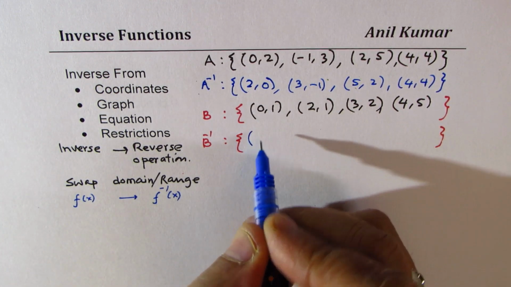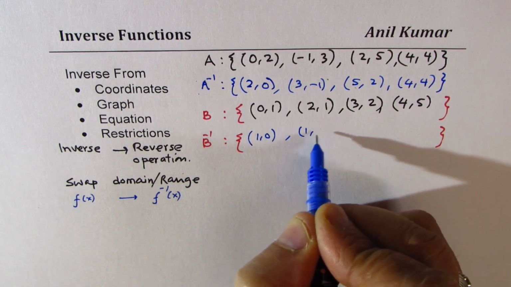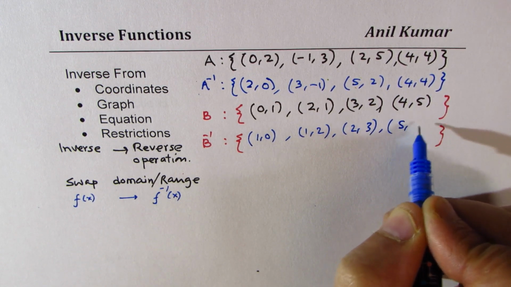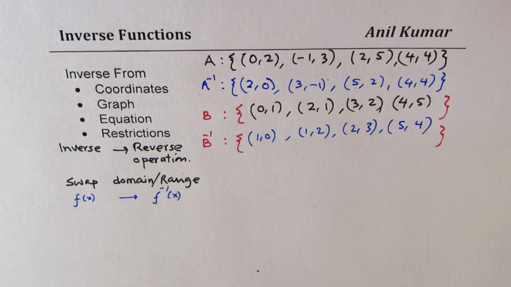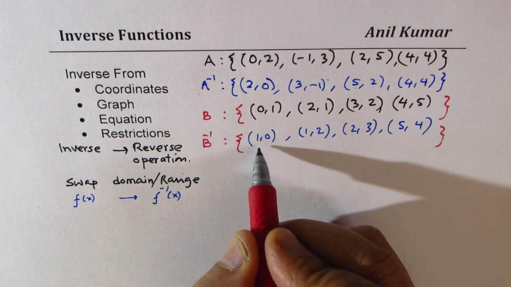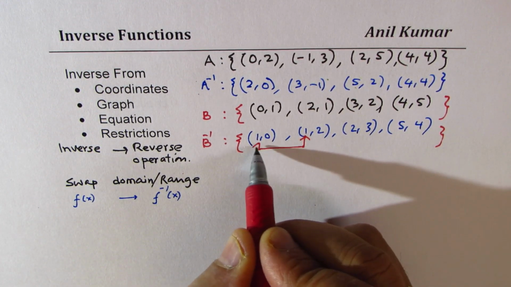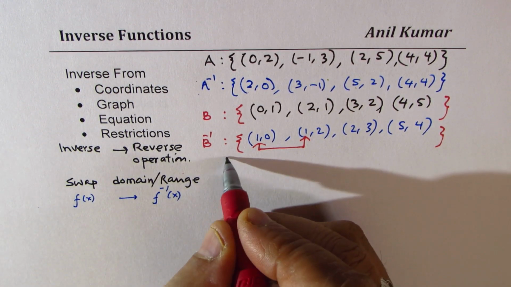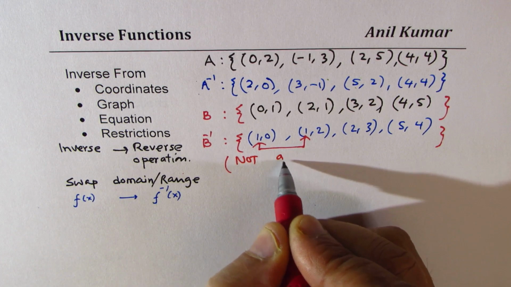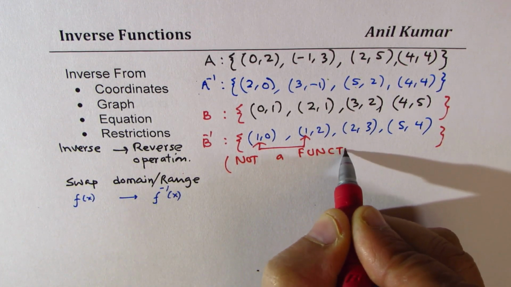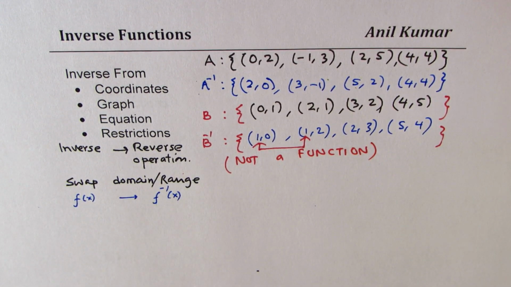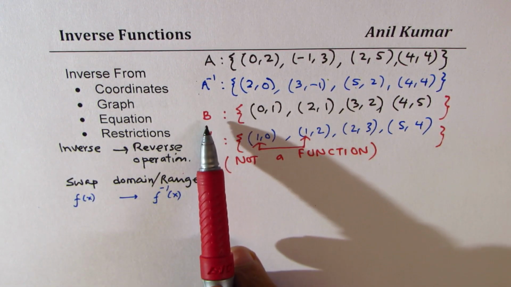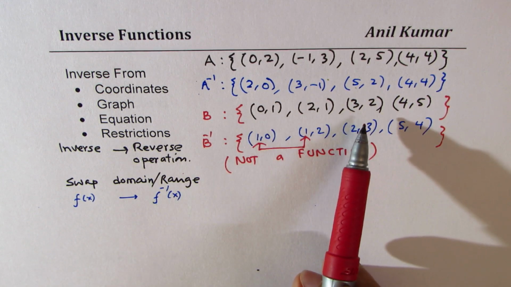So we'll again swap the values. We'll write this as (1, 0), (1, 2), (2, 3), and (5, 4). However, you will notice that this is not a function, right? The reason being that the function b is not a one-to-one function.